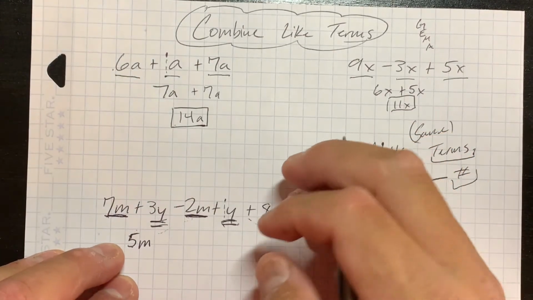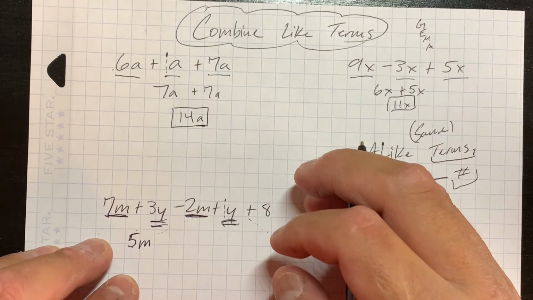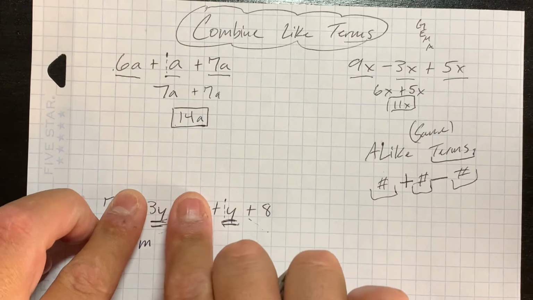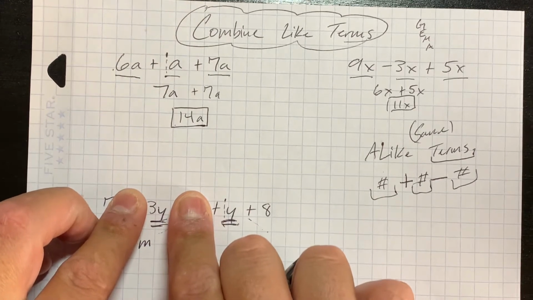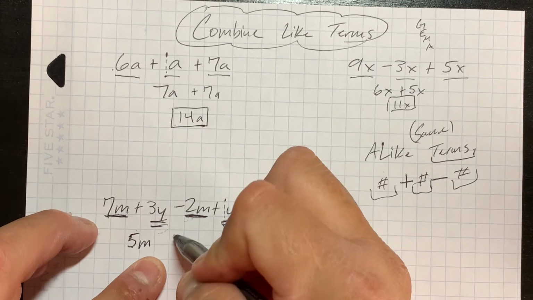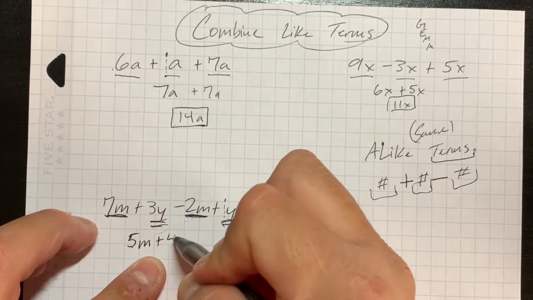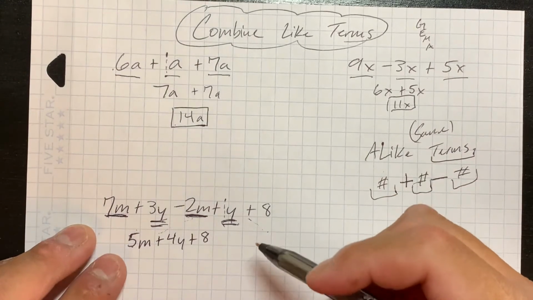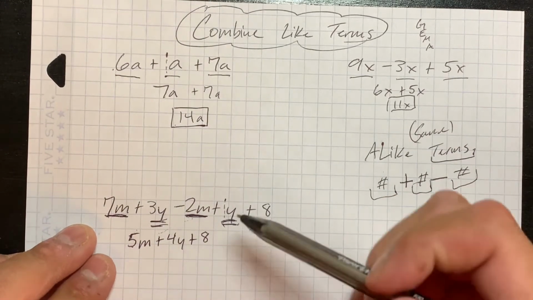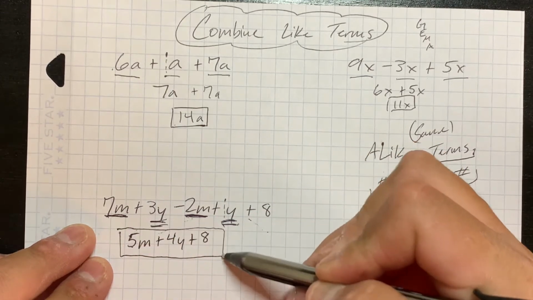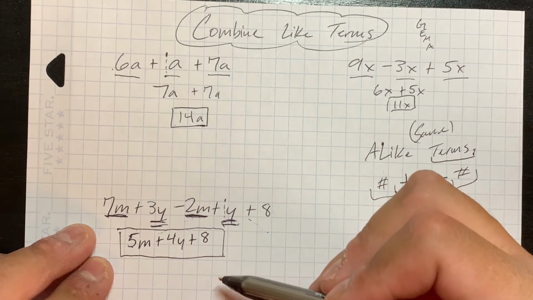Okay, and then the 3y and y, 3y plus 1y is going to make 4y. Okay, positive 4y plus 8. Now, there you go. So the simplified expression is going to be 5m plus 4y plus 8.